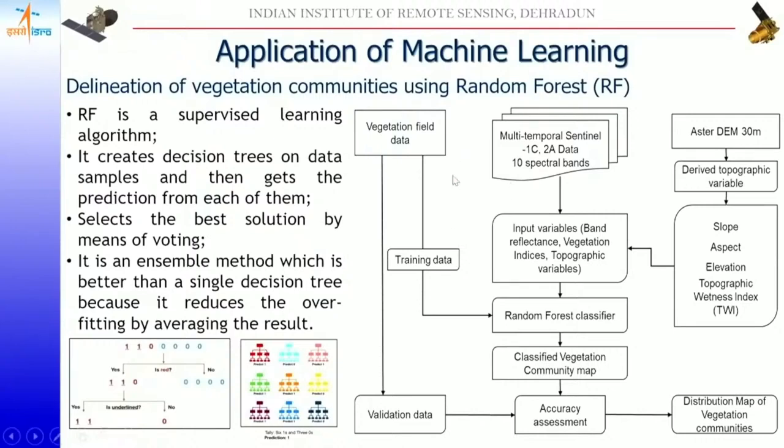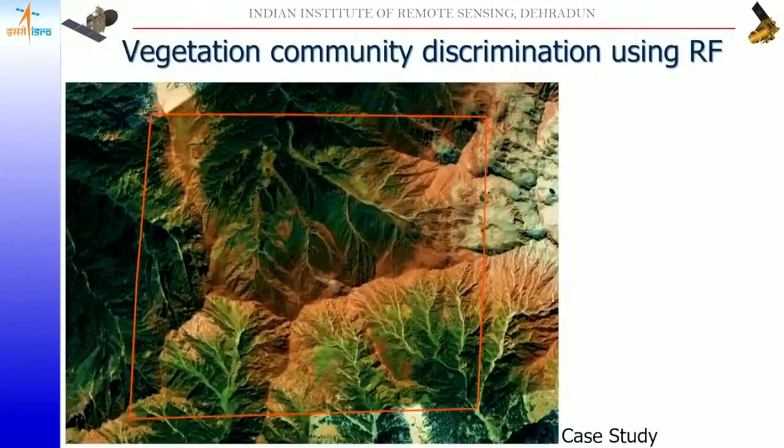We applied this in a high altitude area of the Himalayan region because in high altitude landscapes, the vegetation, especially the alpine vegetation, is distributed in very intermixing patterns, and to classify this vegetation into the community level or a finer level is very challenging with simple classification methods.